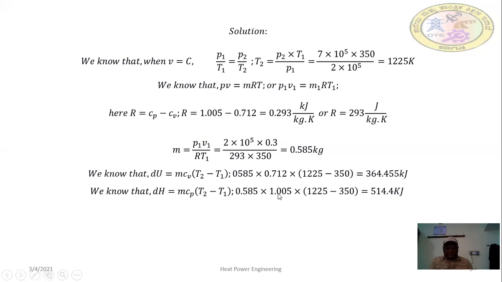After simplification, the change in enthalpy is equal to 514.4 kilojoules per kg. This is how we can work out the problem regarding the constant volume process.